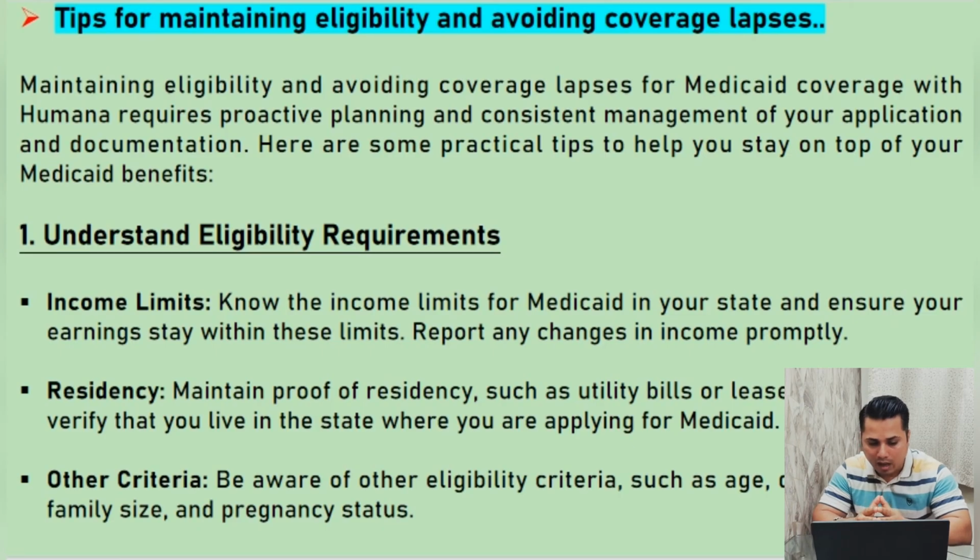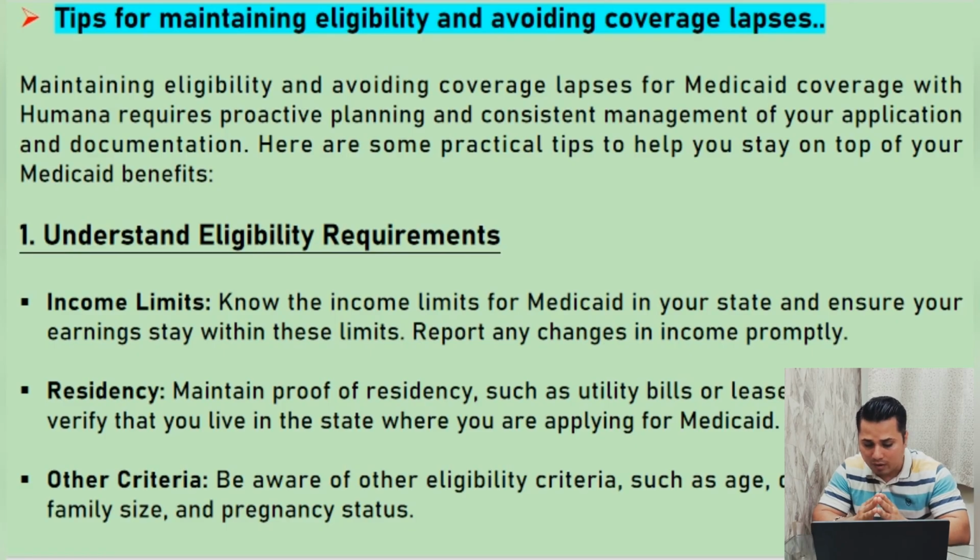Number one, understand eligibility requirements. Income limits. Know the income limits for Medicaid in your state and ensure your earnings stay within these limits. Report any changes in income promptly. Residency.